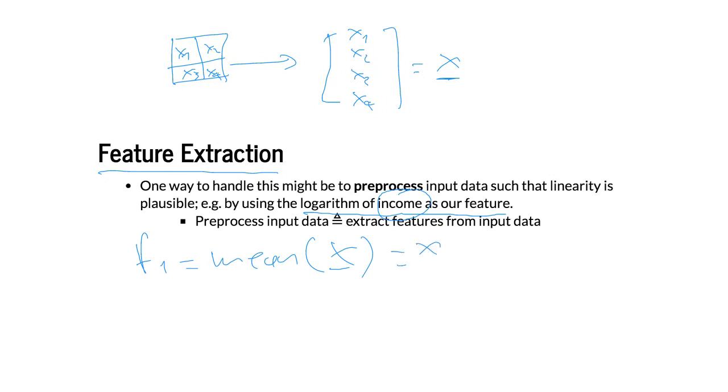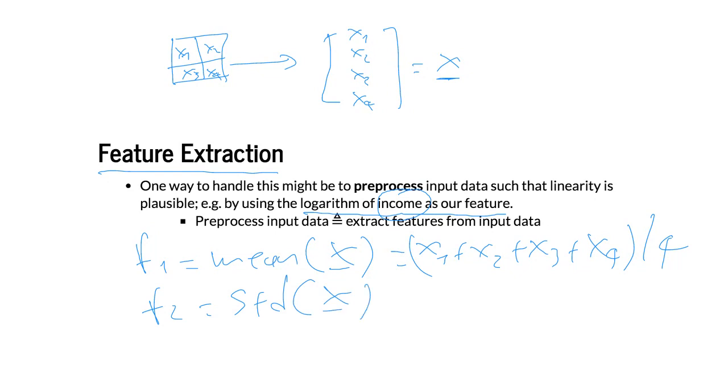Which is (x1 + x2 + x3 + x4) / 4, okay? Or I can use another feature, like the standard deviation of x. The standard deviation shows the spread of the values around the mean value.